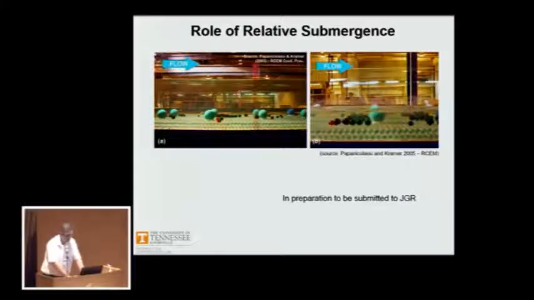And this is something that I've struggled over the years because I could not explain why on earth during high relative submergence I see the depositional patches being on the down, in the wake region. Instead, in the low relative submergence case, the depositional patterns are in the stoss.